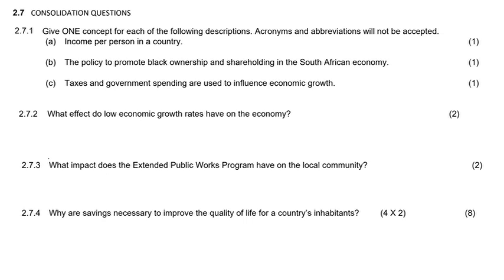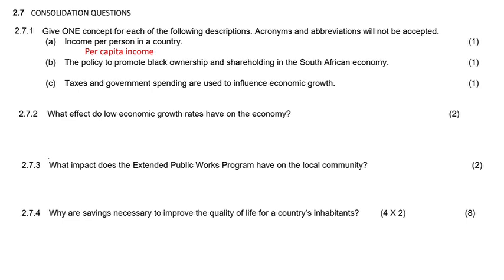Now the consolidation questions for economic growth. Give one concept for each of the following descriptions, and please note once again, when it comes to this question, acronyms and abbreviations will not be accepted. The income per person in a country, what is that known as? That is your per capita income.